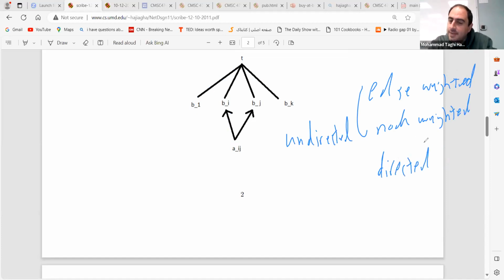In the directed graph, edge-weighted and node-weighted are generally the same, because there is a reduction between them that makes them the same. But for undirected graphs, edge-weighted and node-weighted are different. And generally node-weighted, as I mentioned, can simulate edge-weighted, and it is generally harder.